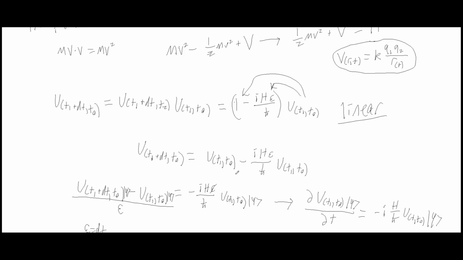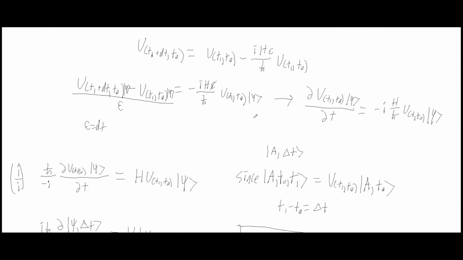Anyway, we distributed it through there, did a little bit of algebra, and ended up with this right here, which is that change in our state over some infinitesimal change in time, which we could express as the partial derivative of the state with time, equal to this.